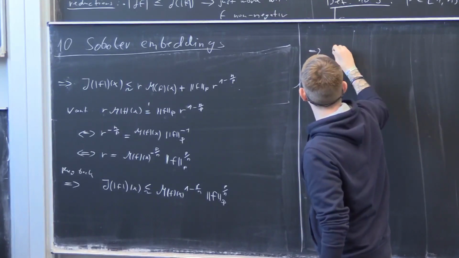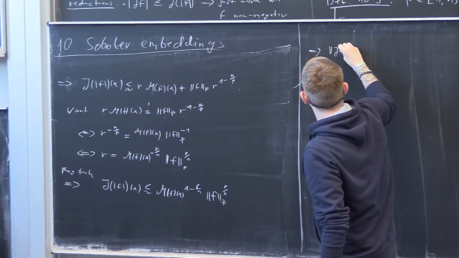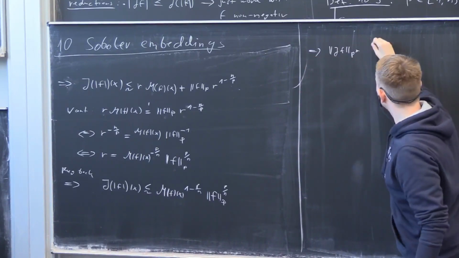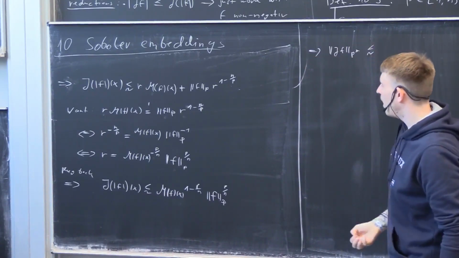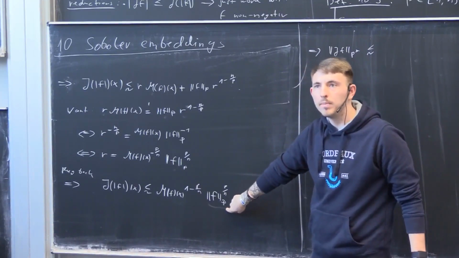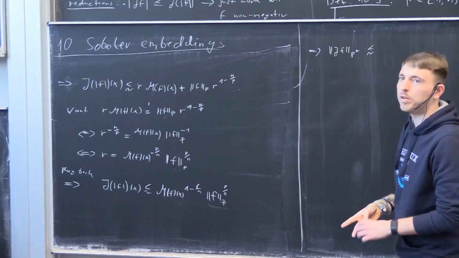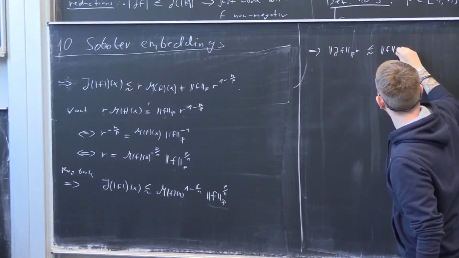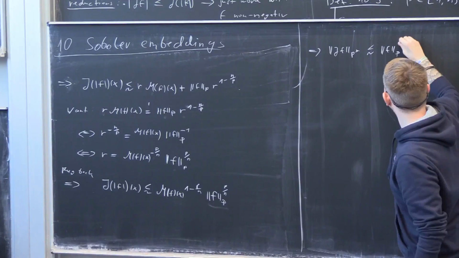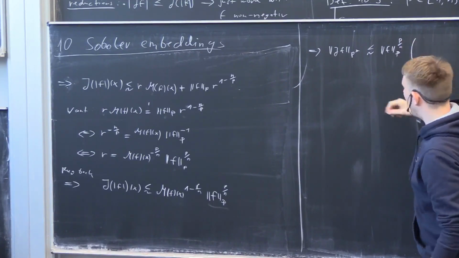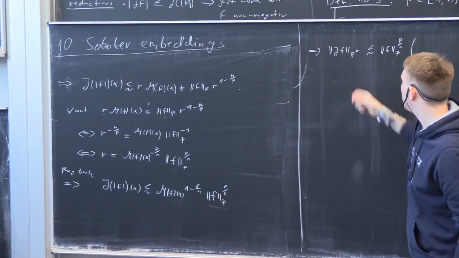Okay, this implies that JF in P upper star norm is controlled by, this is just a number, so I can pull it out of the norm. I get F in P norm to the P over N, and then here I can write the P star norm out.